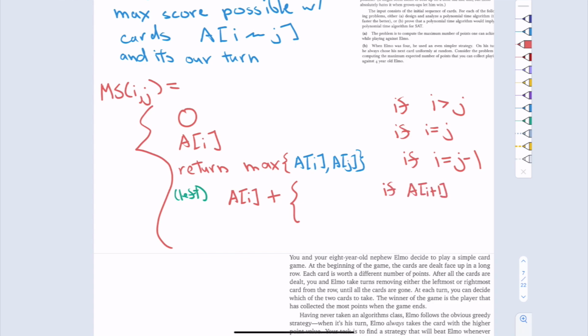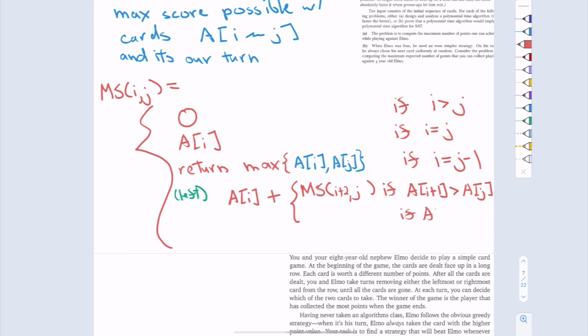Let's say all the cards are different values, so there are no ties. So if A i plus 1 is bigger than A j, then Elmo will take the bigger one. So what would come here then? i plus 2, comma j.